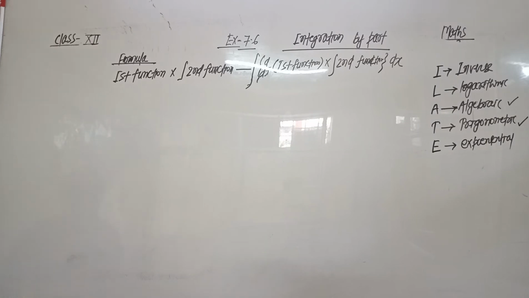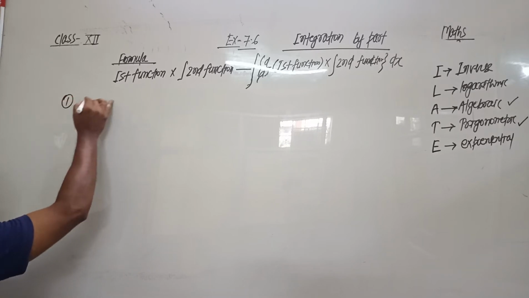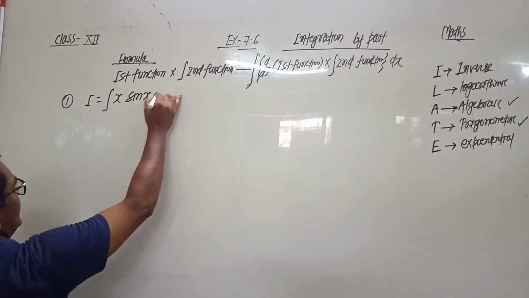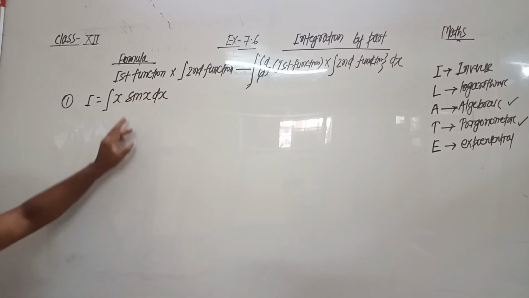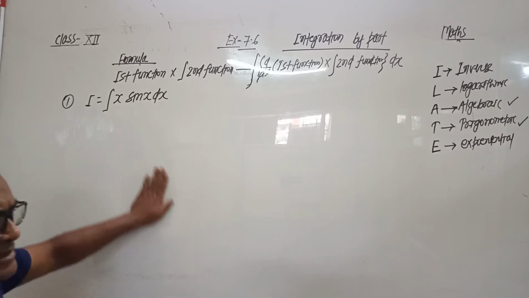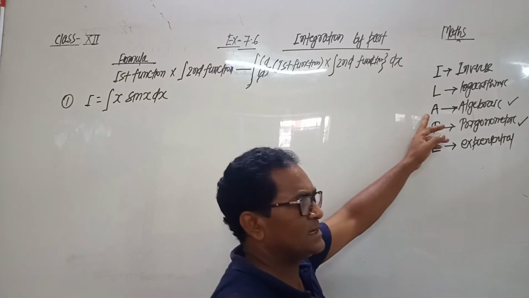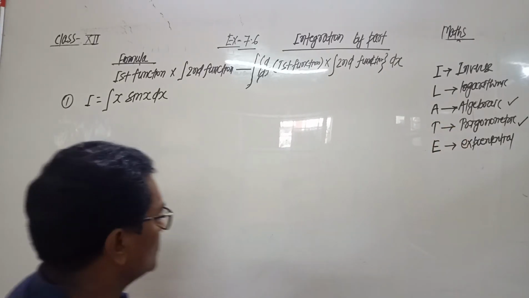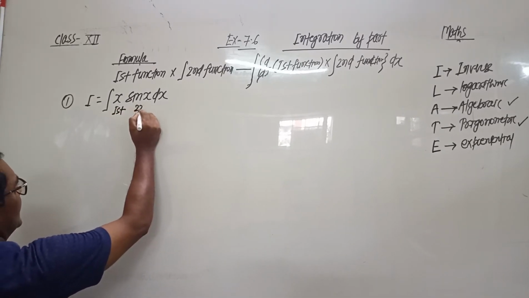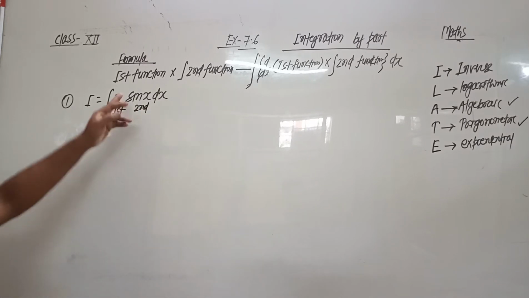So let us start the exercise 7.6, and the first question is integration x sin x dx. I equals integration x into sin x dx. So here we have two functions, x and sin x. x is the algebraic and sin x is the trigonometric function. So the algebraic function is taken as the first function and the trigonometric function as the second function. So x is the first function and sin x is the second function. Now use the formula.